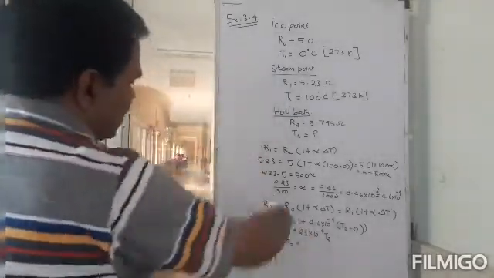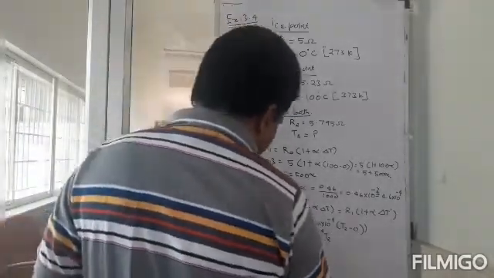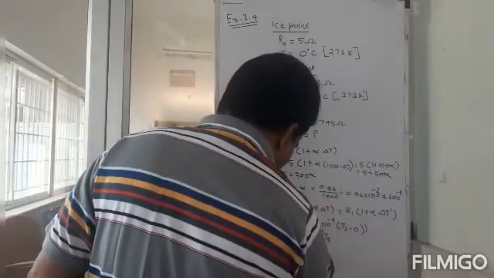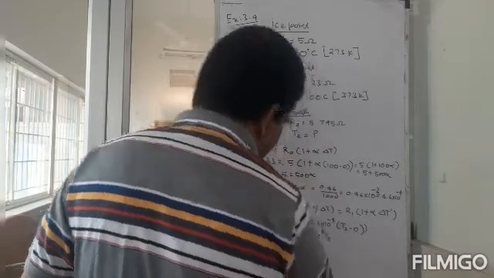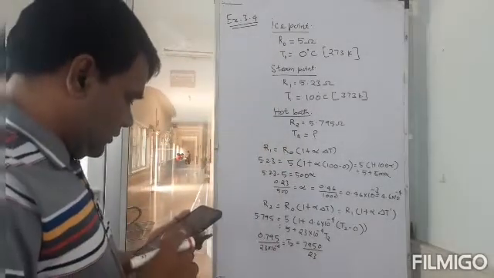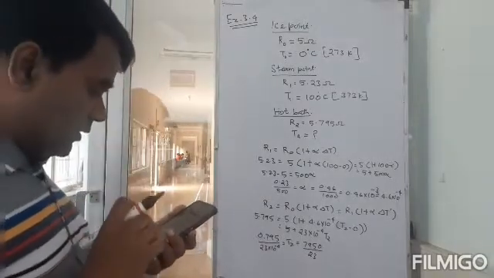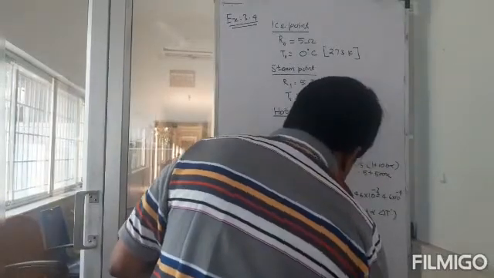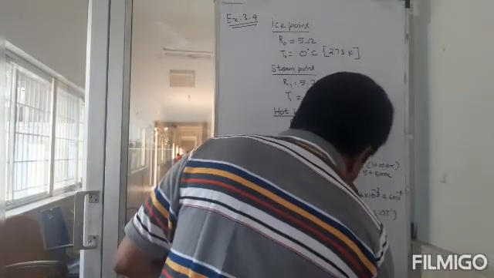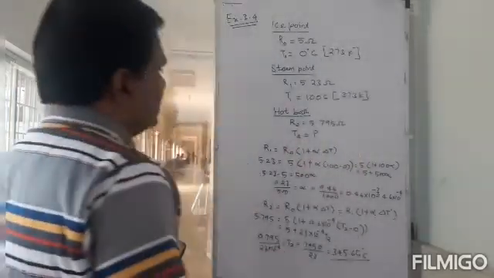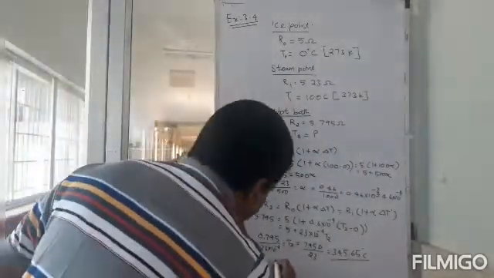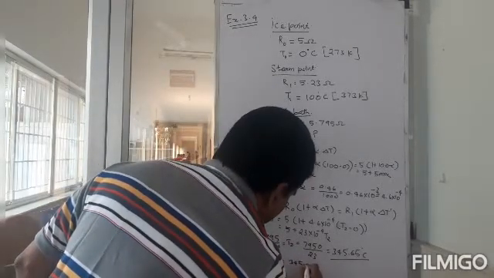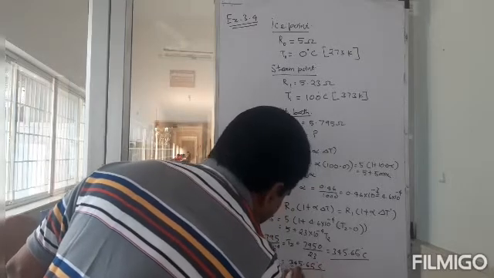So that gives me 10 power 4, it goes up, then I'm going to have 0.795 and 10 power 4 will give me 7950 by 23. Okay. So if I do that, I'm going to get 345.65 degree Celsius. So T2 is actually 345.65 degree Celsius.